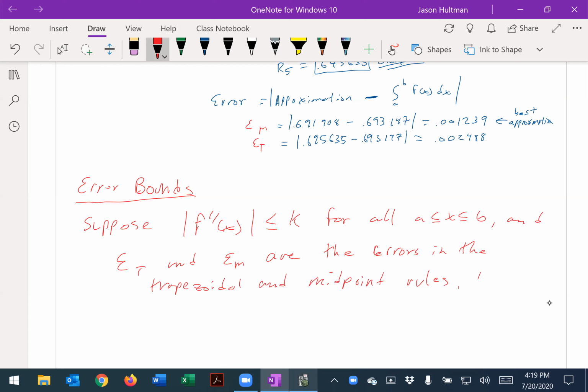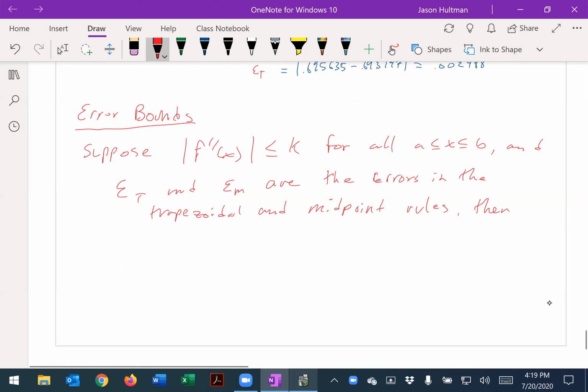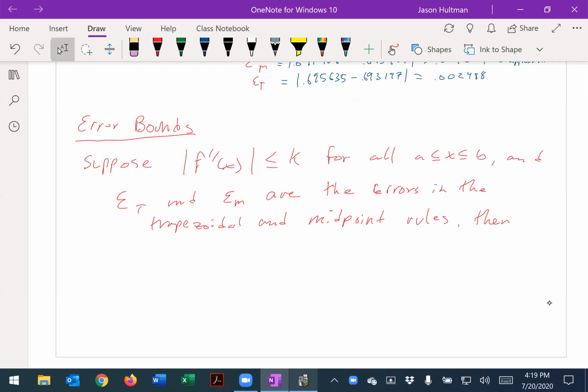Then we can approximate the error without actually having to calculate it fully out.